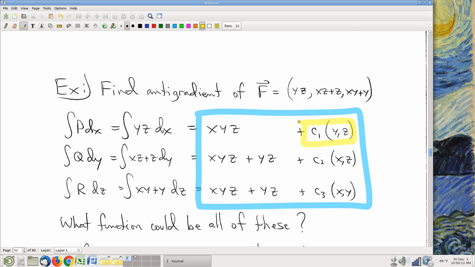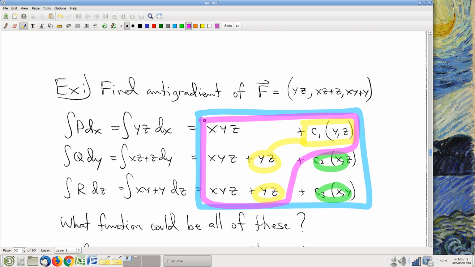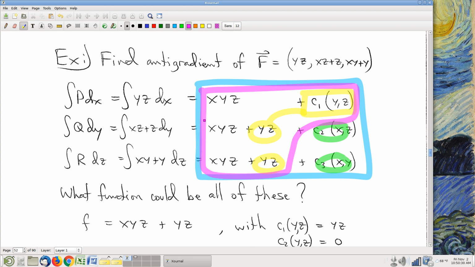Maybe that's yz, at which point all of these things really are equal. If I let these be 0, then all three of these things are in fact equal. They're all xyz plus yz. So that's my antigradient.